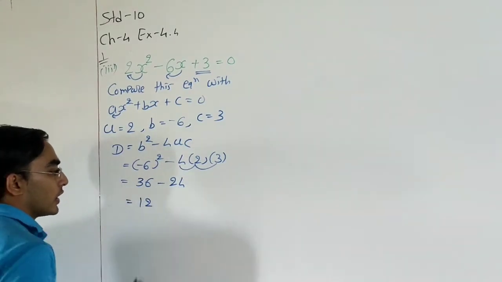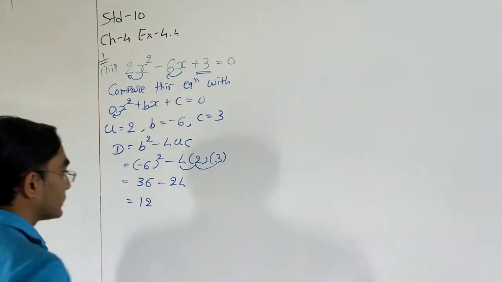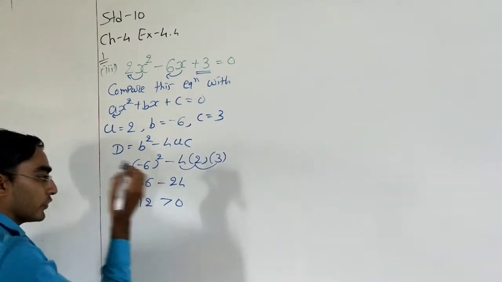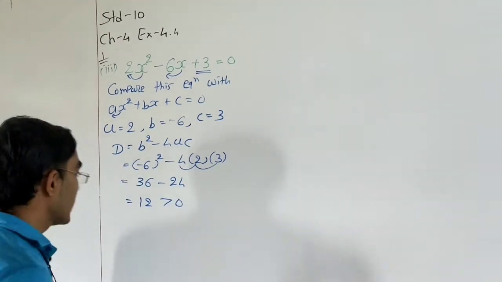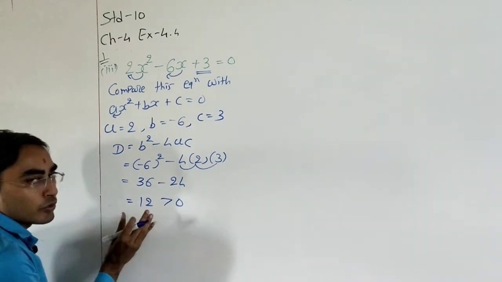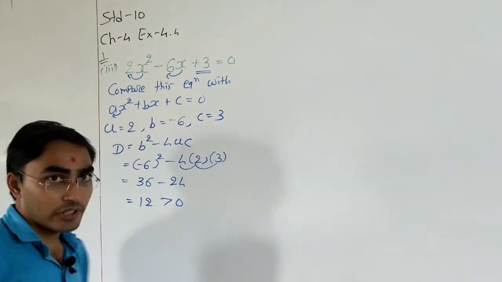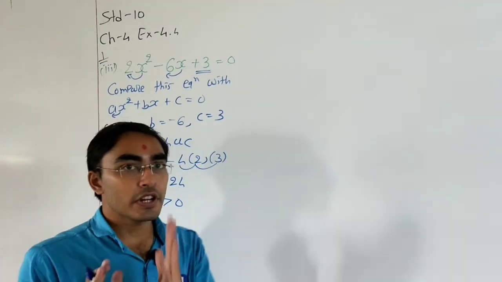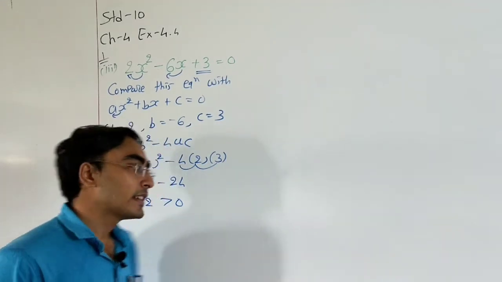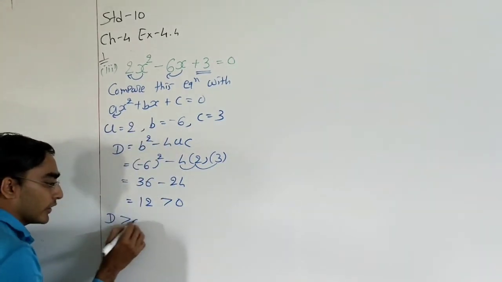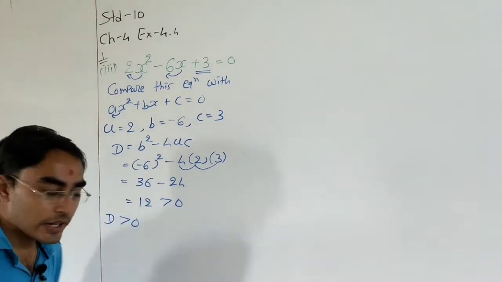Now our answer 12 is greater than 0. Right? We get here d is equal to 12, it is greater than 0. Then which condition is applied here? D greater than 0, right?